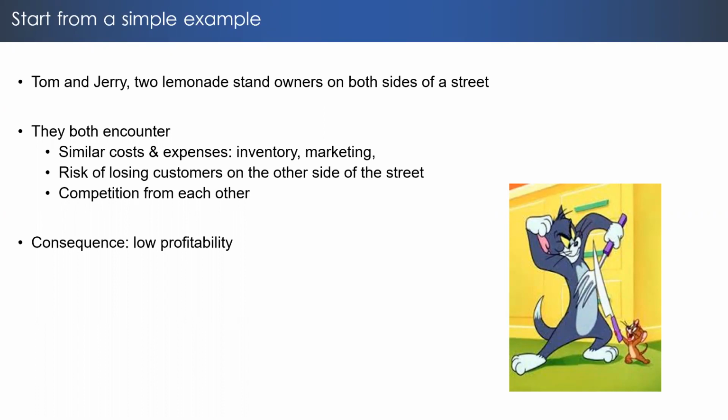They have a lot of similarities. First of all, it's completely the same lemonade, and they will encounter very similar costs of production, such as buying inventory. They need to do marketing, and they also need to do logistics, meaning shipping their stand and shipping the materials to the location where they are selling the lemonade.